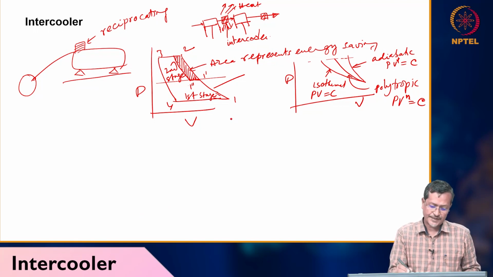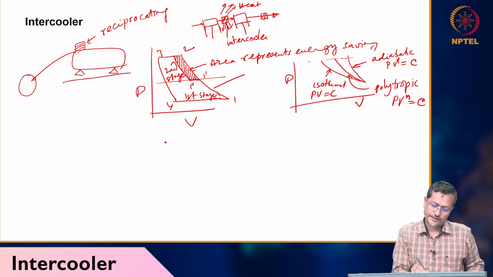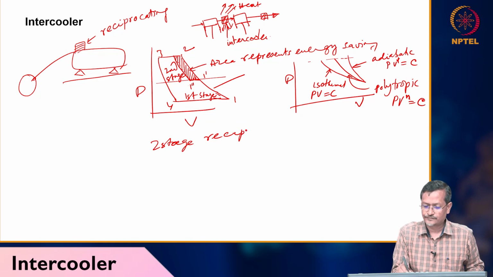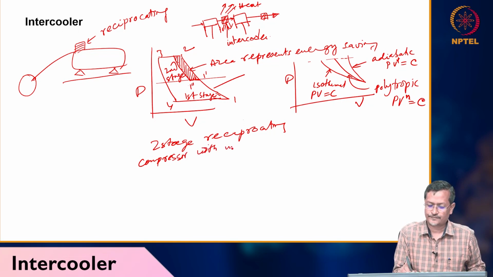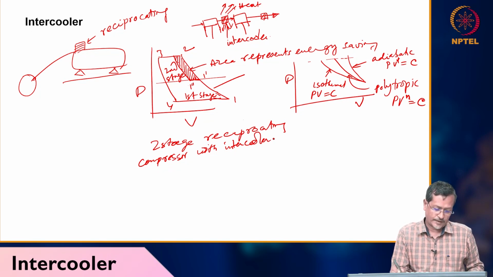So, two stage reciprocating air compressor with intercooler. The formula will be like this: P2 equals square root of P1 P3.